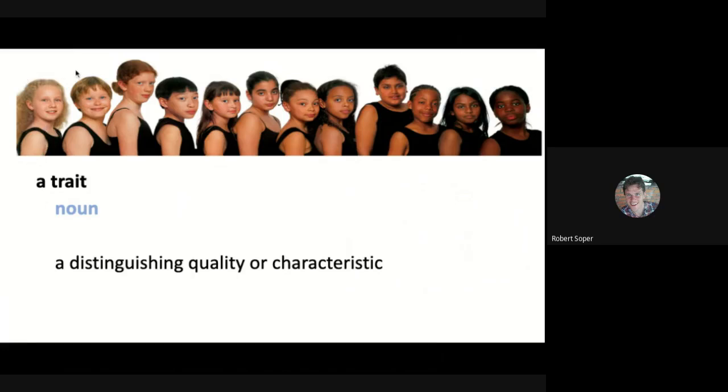Over here, you can see they have whiter skin or a fairer skin. And as we push to the right, the skin color gets darker. Skin color is also a trait. We usually get traits from our parents. Okay, they are passed down to us. Try and put this word trait in your own sentence.